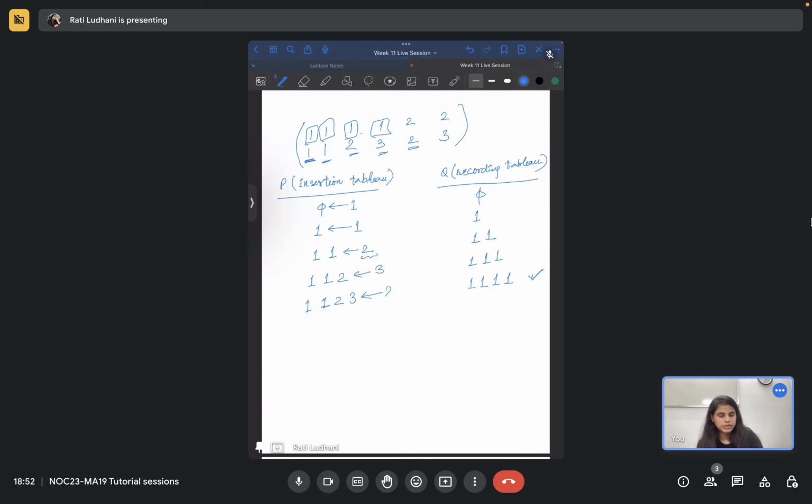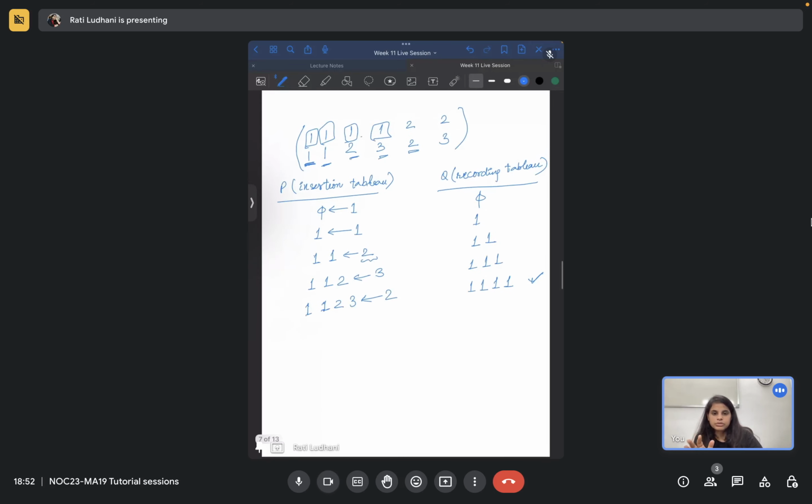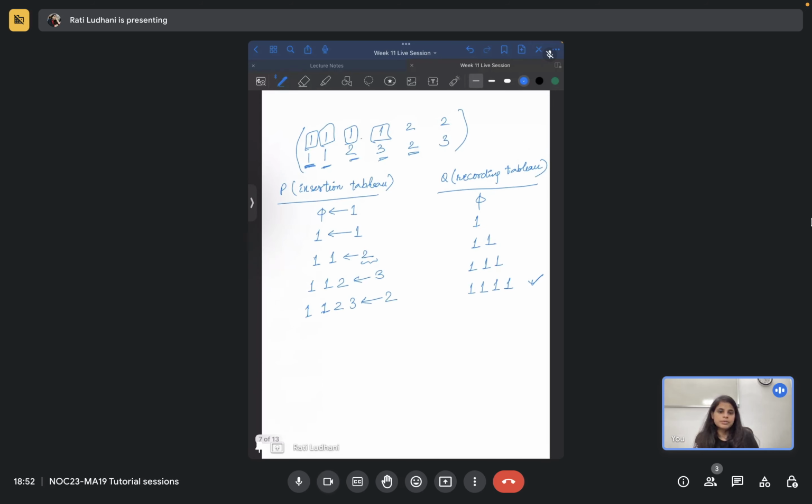Now there is something we need to be careful about, because there is a number ai such that a is less than ai. That means 3 is there which is bigger than 2. So that means 1 1 2. Now 3 will be replaced by 2. And where will 3 go?